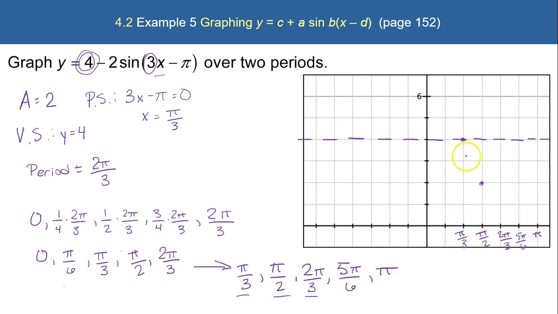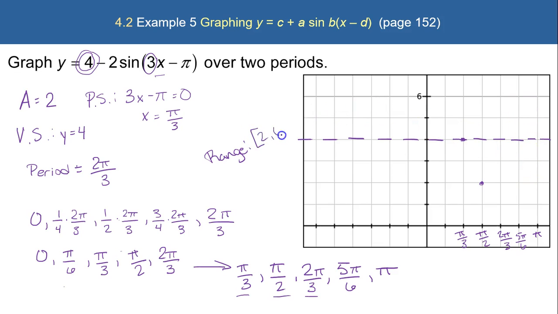And the reason that we go to 2, not only just because whenever we plug in pi over 2 in for x here, we get 2, but our range for our sine function here is going to oscillate between, because our amplitude is 2 and our vertical shift is 4, it's going to oscillate between 6 and 2, and then go back up to 6, and then go back down to 2.